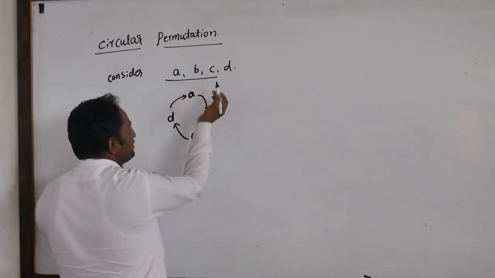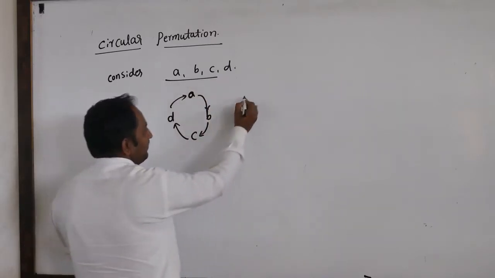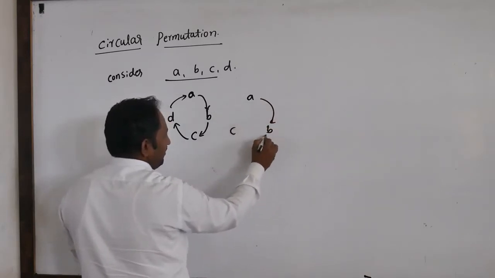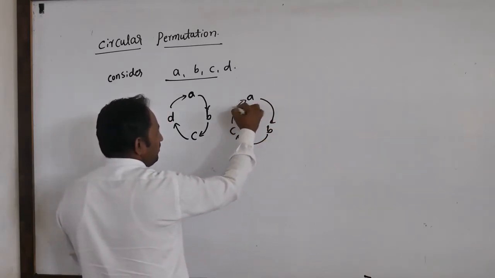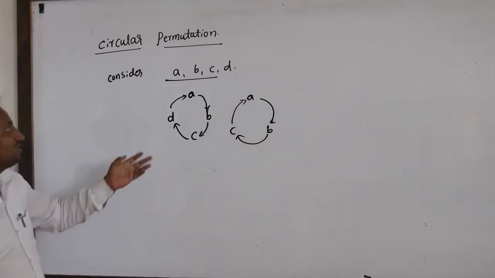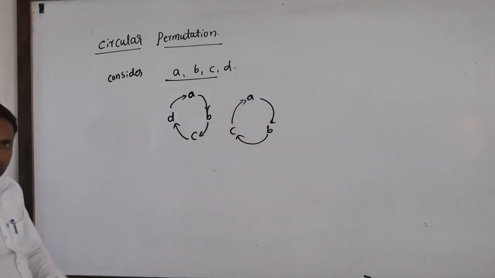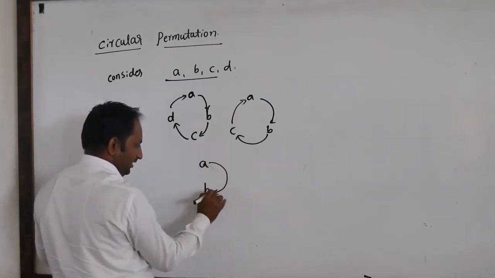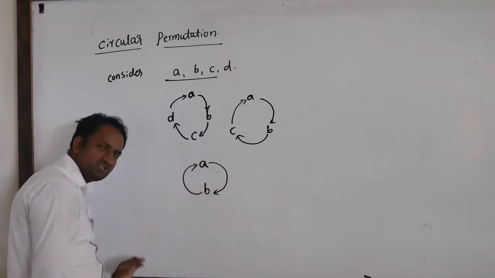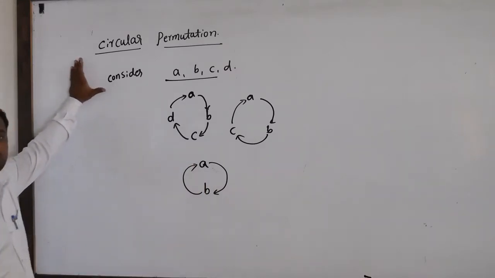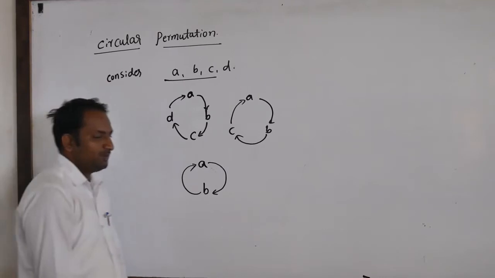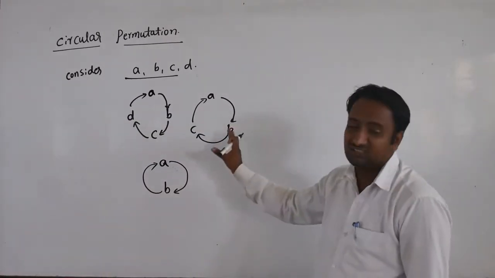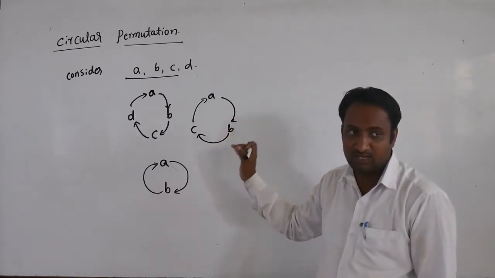For example, we can consider only three terms, A, B, C: A to B, B to C, then C to A. It's a closed path, which is also considered a circular path. If only two elements are given, A and B, then A to B and B to A is also a type of circular permutation. A closed arrangement we can consider a circular arrangement.